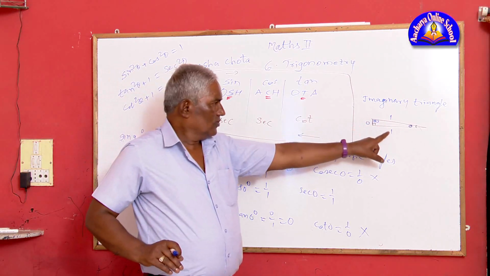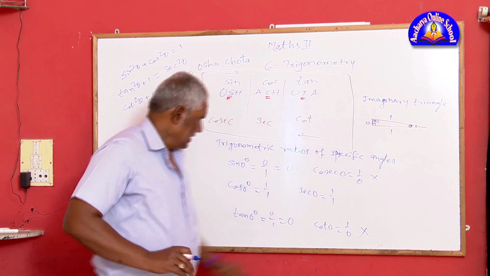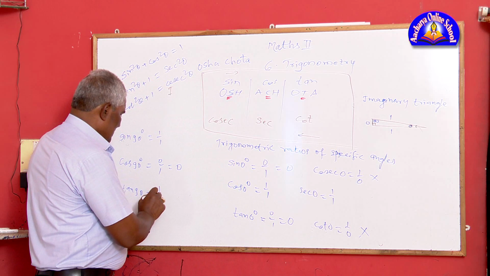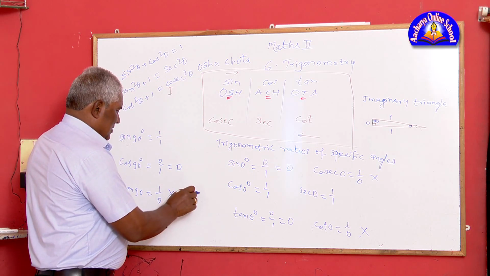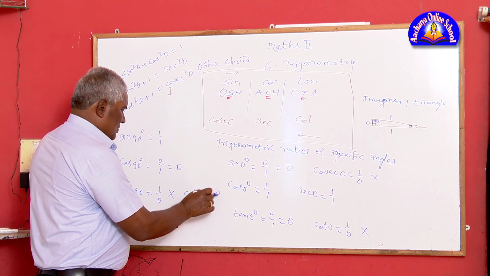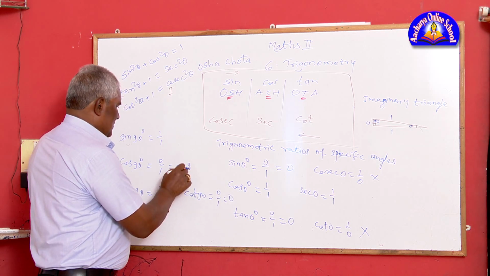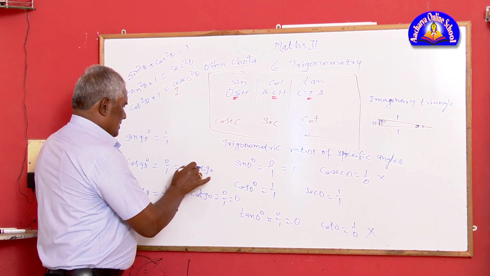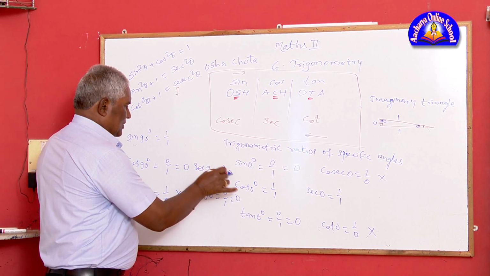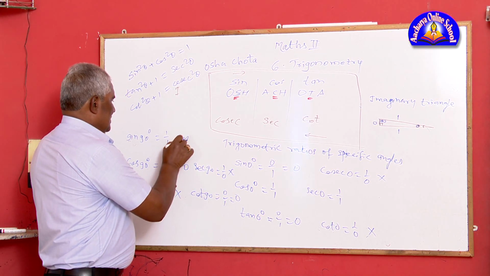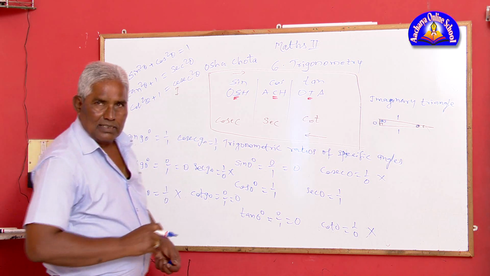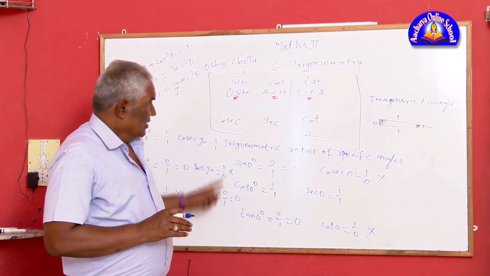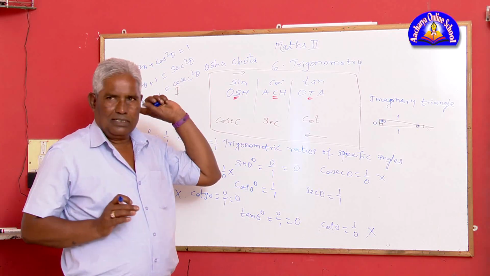Tan 90 is equal to opposite upon adjacent, that means 1 upon 0, that is not defined. Cot 90 is equal to 0 upon 1, that is 0. Sec 90 is equal to 1 upon 0, that is not defined, and cosec 90 is equal to 1 upon 1, that is 1.